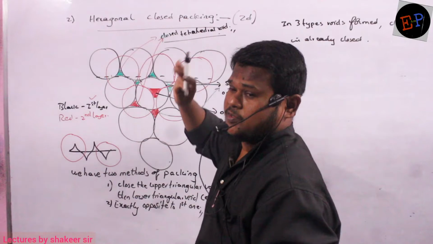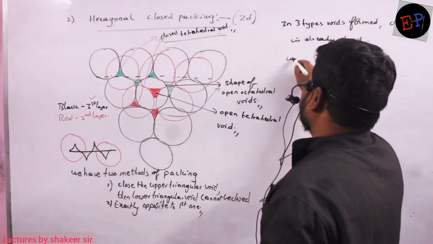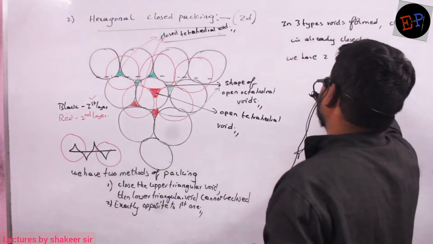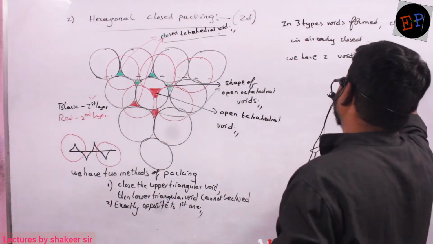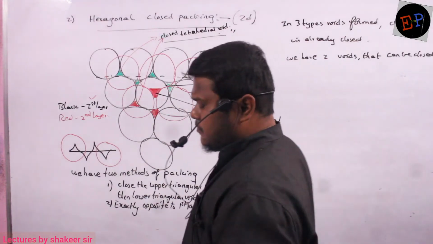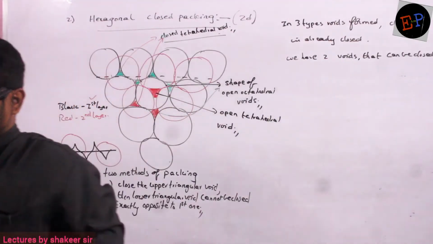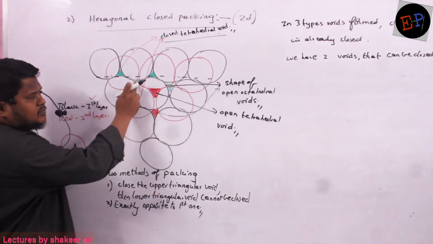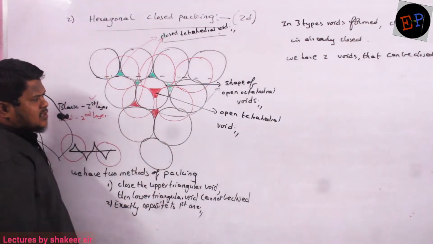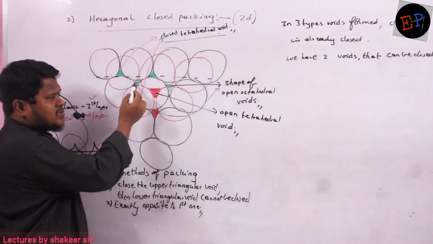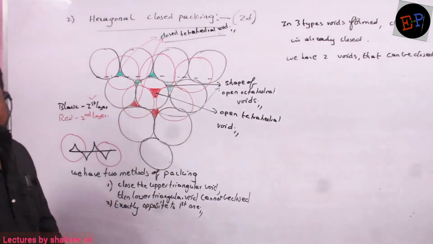So this is already closed. We have 2 voids that can be closed. Now what are the 2 voids where I can place atoms to close them? One is the open octahedral void, and the second one is the open tetrahedral void. So these 2 voids are available for closing. Are you able to understand?